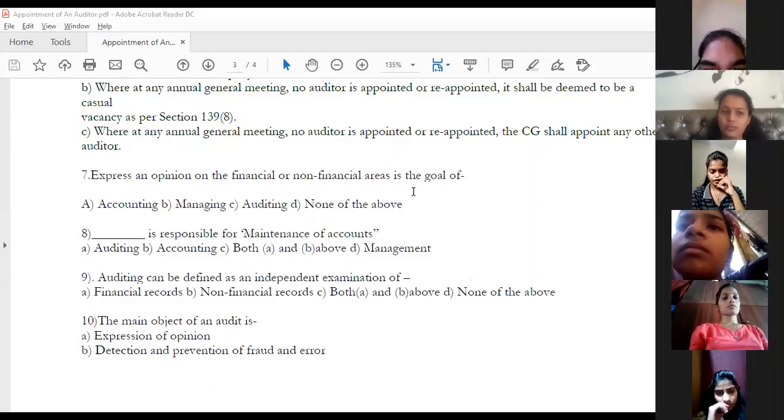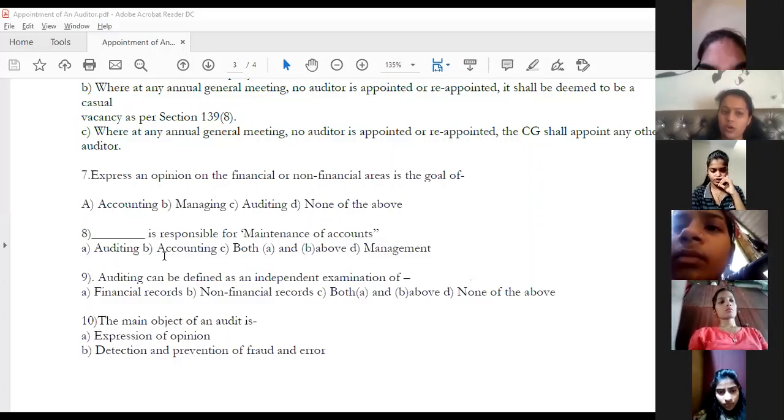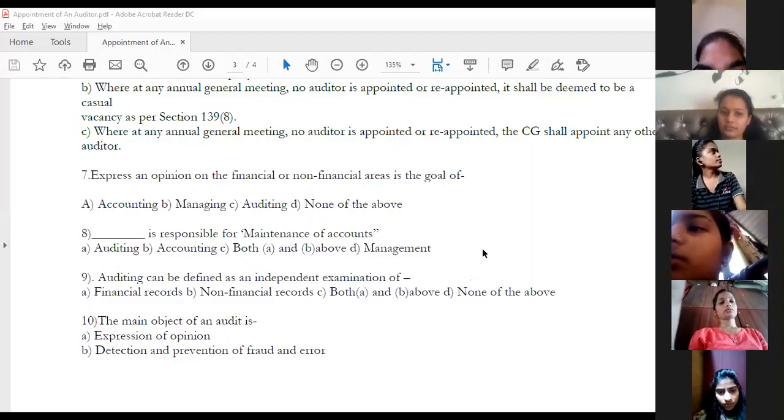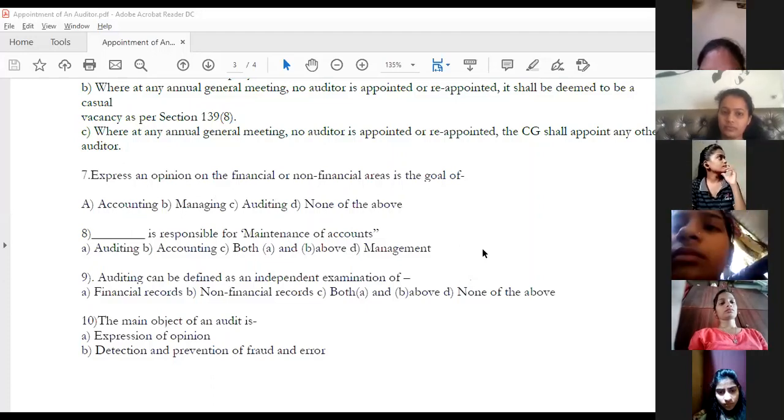Going ahead with the eighth one. Dash is the responsibility for maintenance of accounts. Is auditing responsible, accounting responsible, or both A and B? Who is responsible?